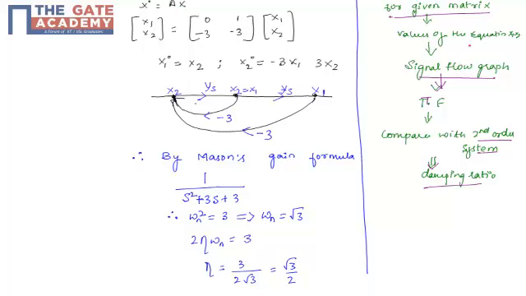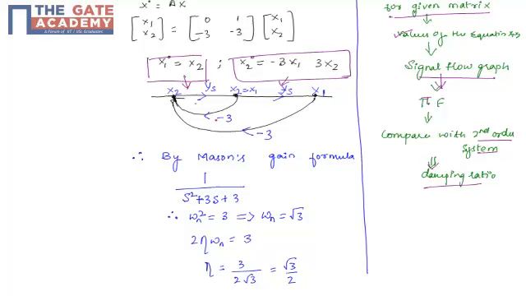in order to find the values of x1 and x2, that is the first step, we have to solve the given matrix. So we'll obtain x1 dot as x2 and x2 dot as minus 3x1 minus 3x2. From these values we can draw the signal flow graph as shown here.